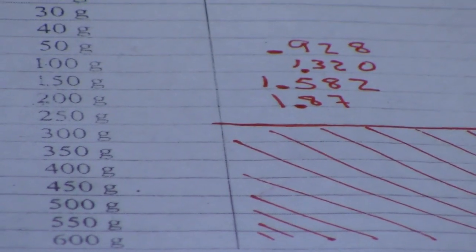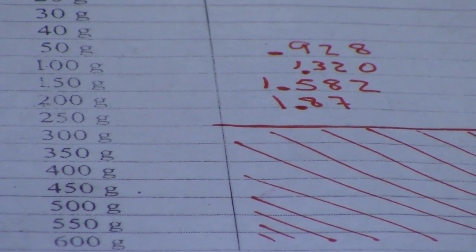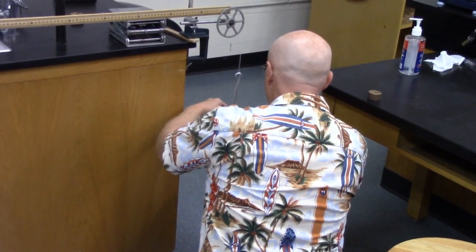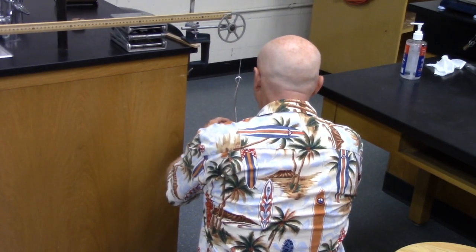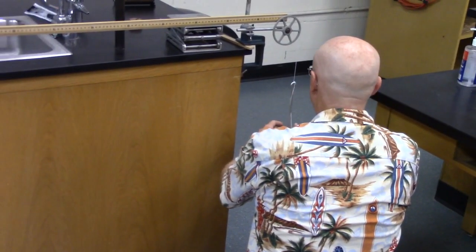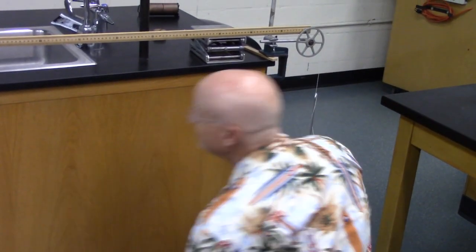Okay, and then the last one for this string. Like I said, when you get to the edges, they get a little bit harder. I think I got a 200 here. Good. So I'll take off the 150 and put on the 200.